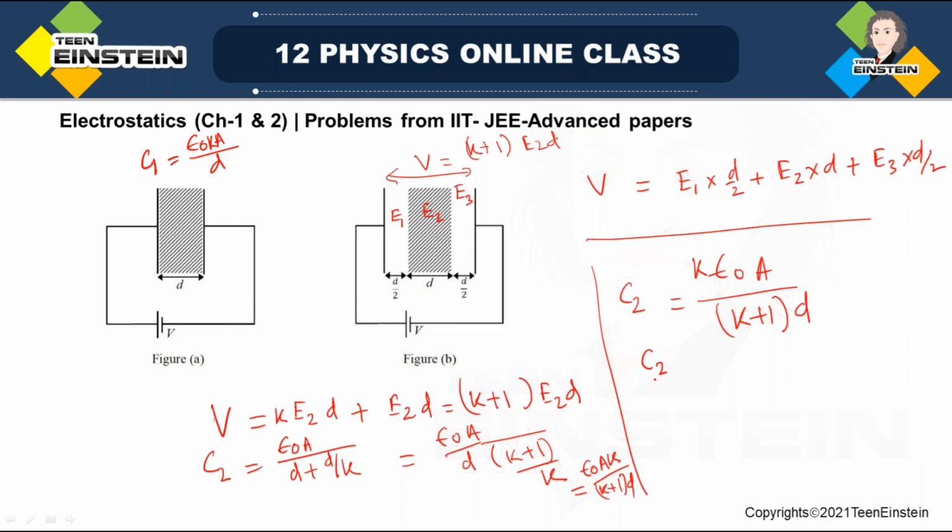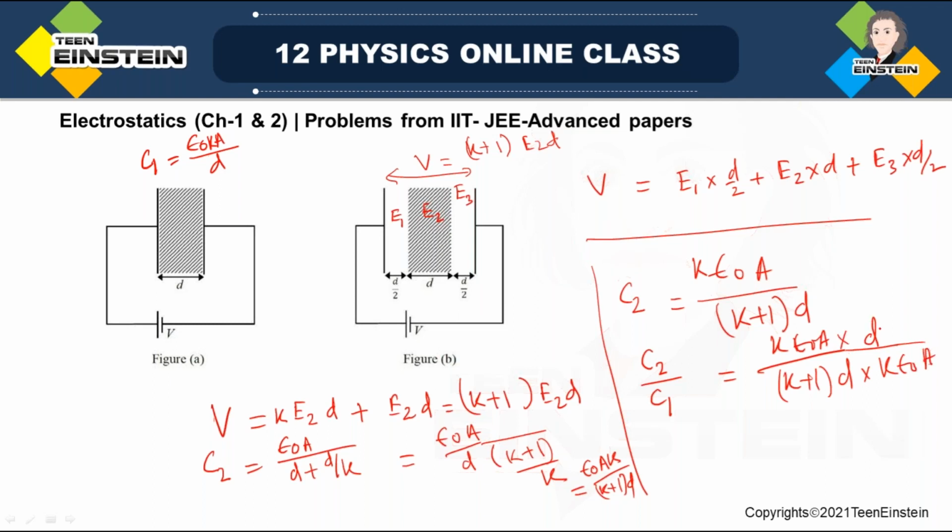If you want to calculate C2 by C1, C2 by C1 is k epsilon naught A by k plus 1 d, divided by k epsilon naught A by d.